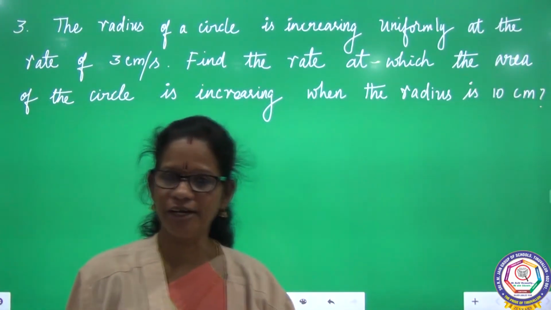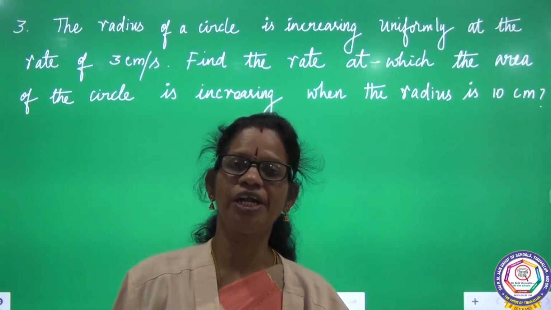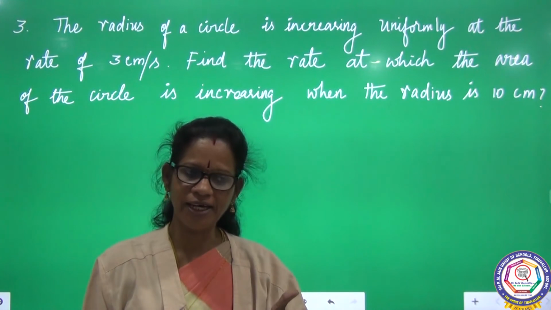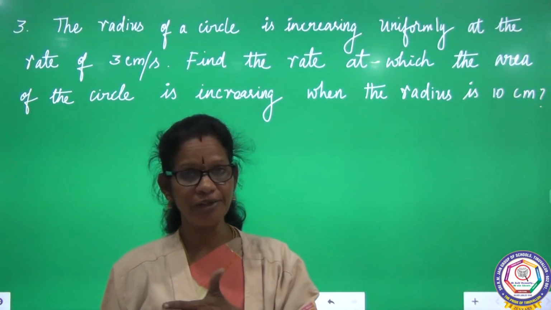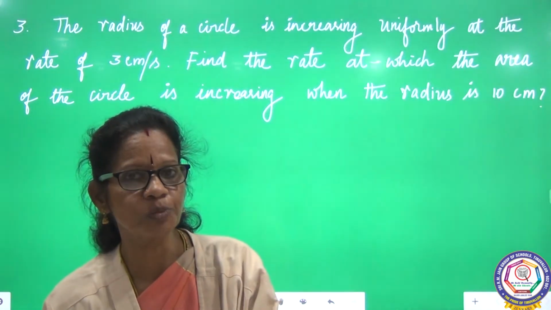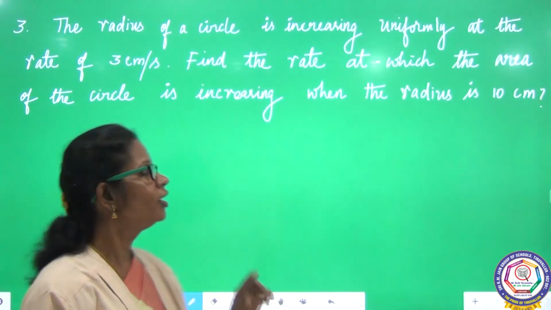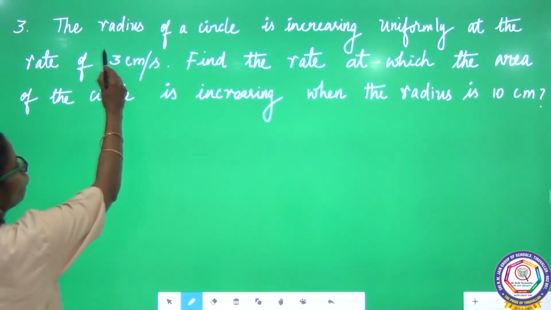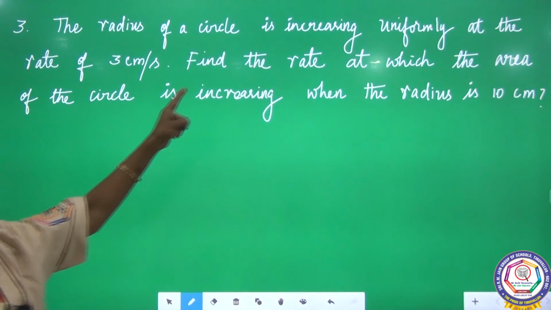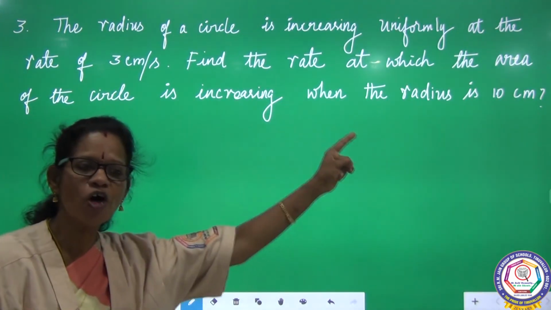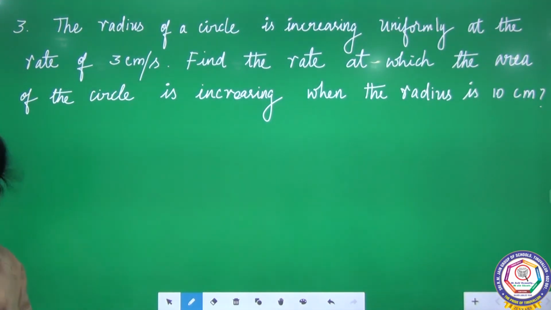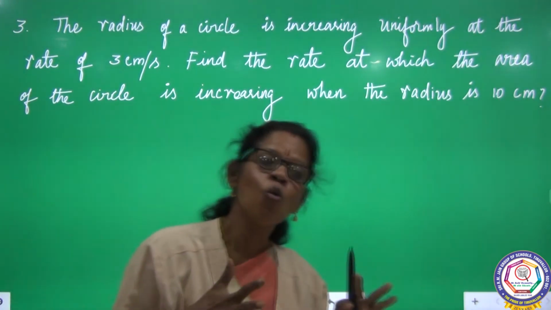Derivative means, I defined, right? Instantaneous rate of change. One more thing I said, the ratio between the instant change in the dependent variable with respect to the independent variable, right? See, the radius of a circle is increasing uniformly at the rate of 3 centimeter per second. In the previous sum, what was given?